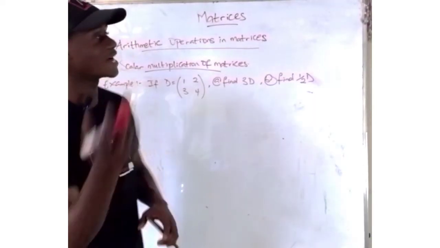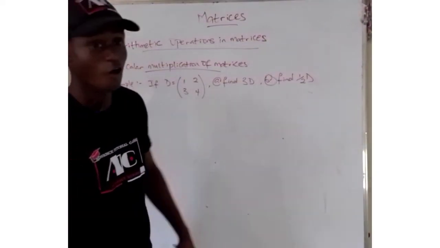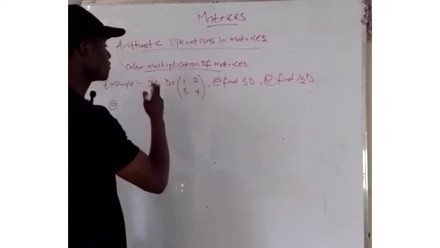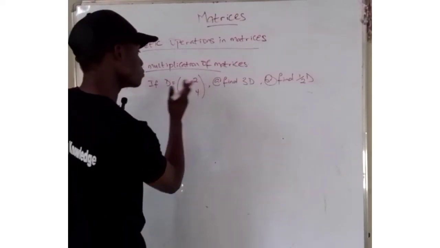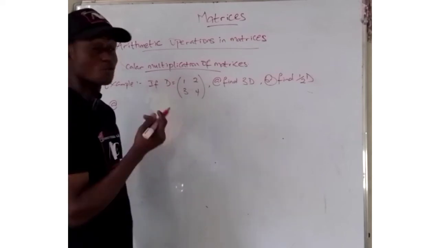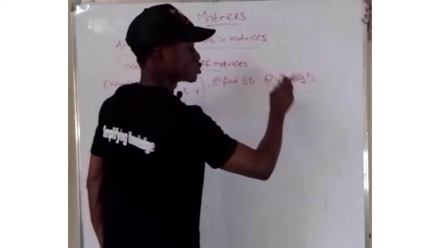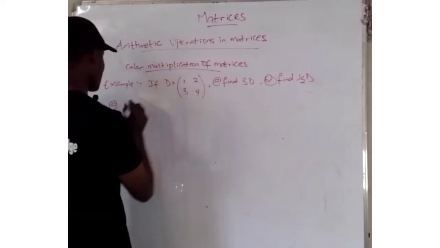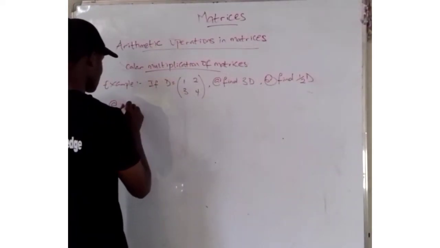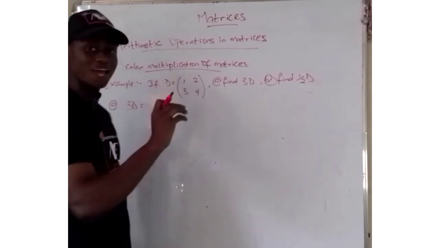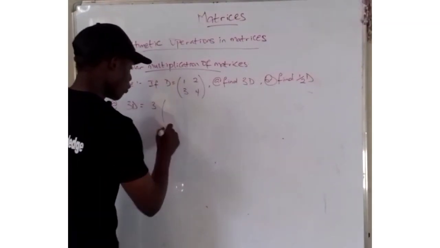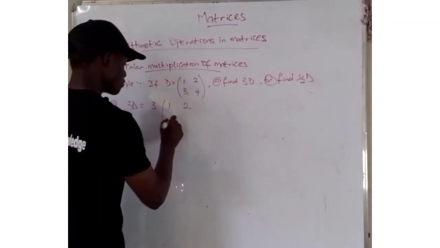Next, we are going to dive into scalar multiplication of matrices. The examples: if D equals 1, 2, 3, 4, this 2 by 2 matrix, find 3D, and find 1 over 2D. So let's take A, find 3D. So 3D simply means we are multiplying 3 with the whole matrix, 1, 2, 3, 4.